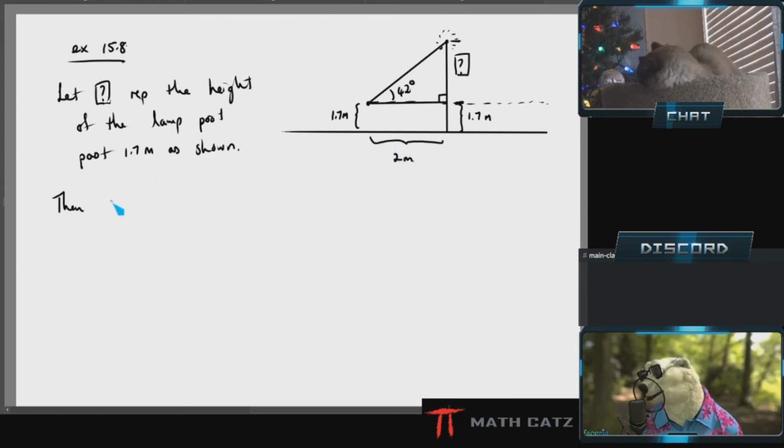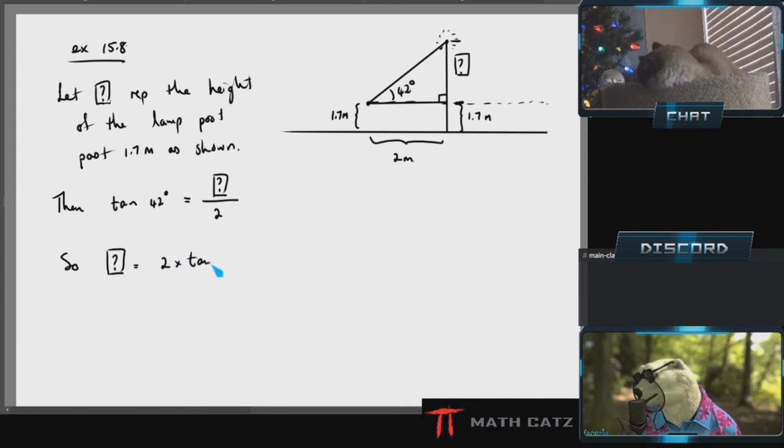So I want to be careful that I explain myself correctly. But still, looking at the triangle, I have an opposite edge and an adjacent edge. So I'm going to go tan again, tan of 42, opposite over adjacent.